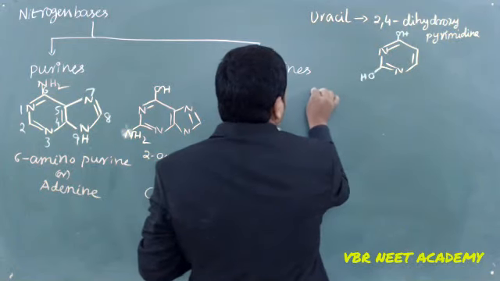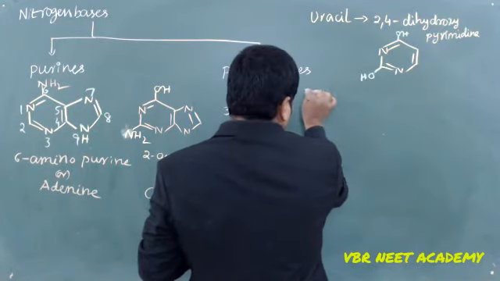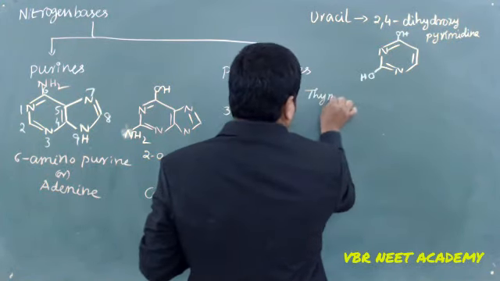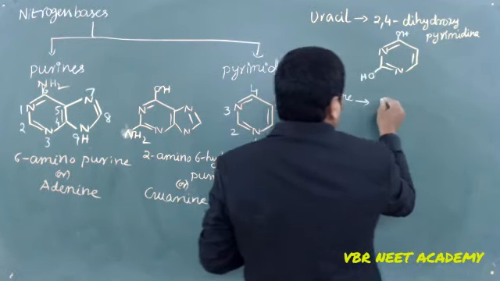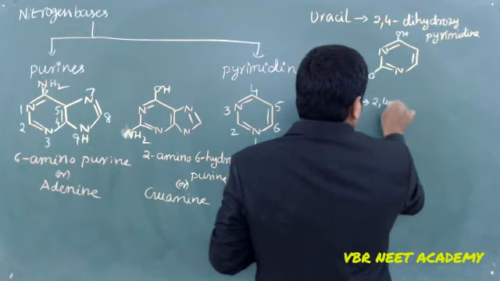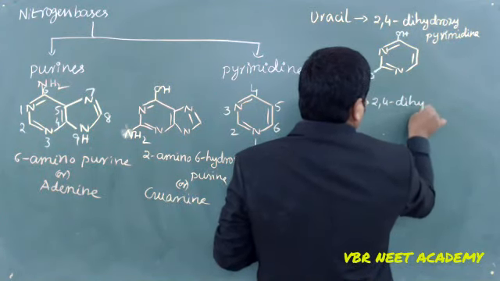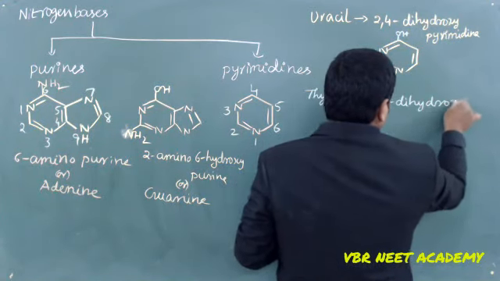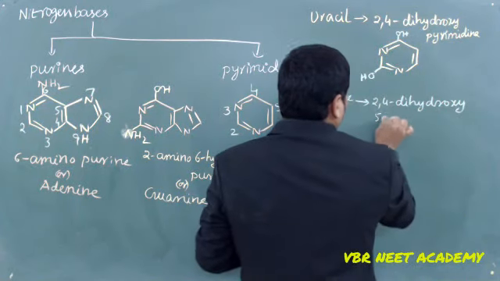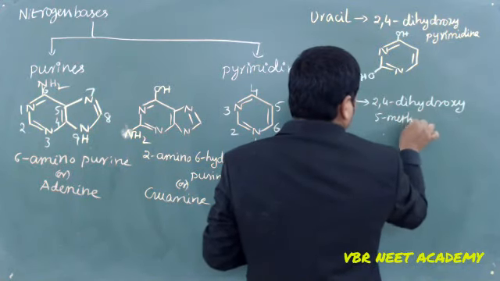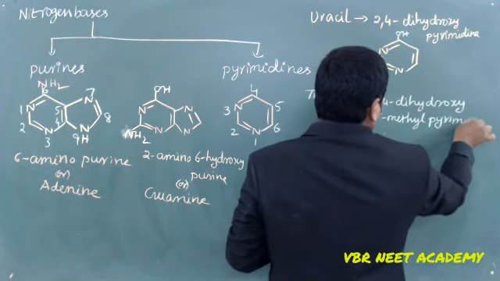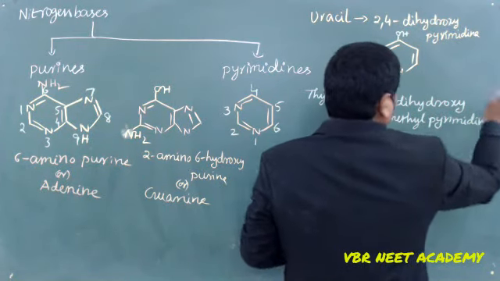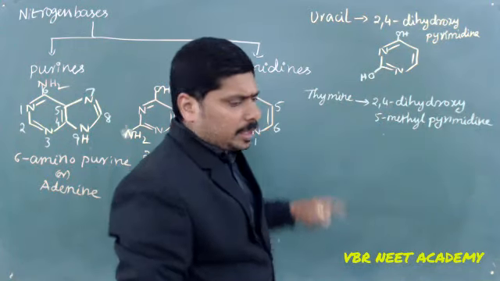The next one is thymine. We are going to have just one extra: 2,4-dihydroxy 5-methyl pyrimidine. 5-methyl pyrimidine is going to be thymine.